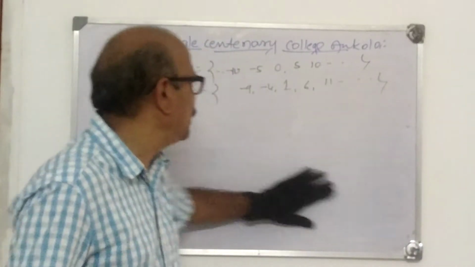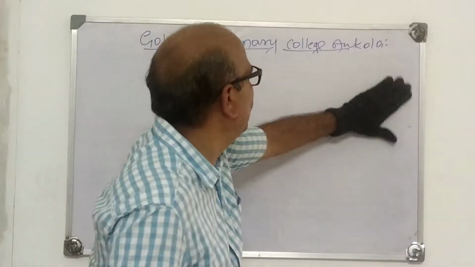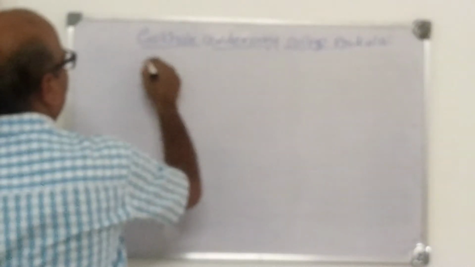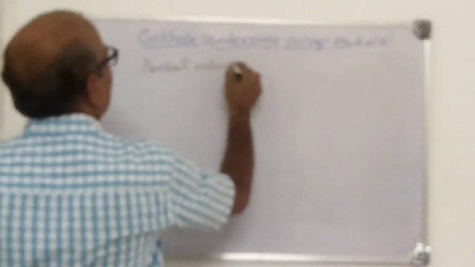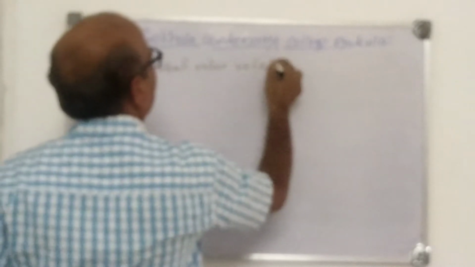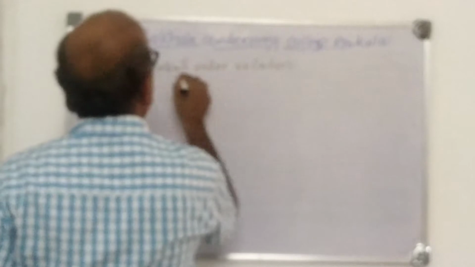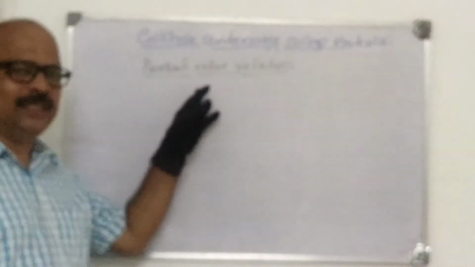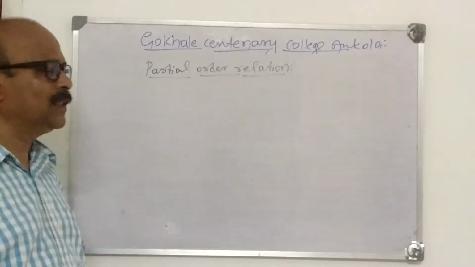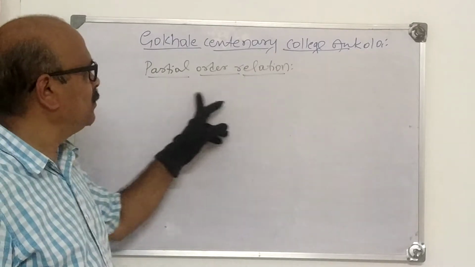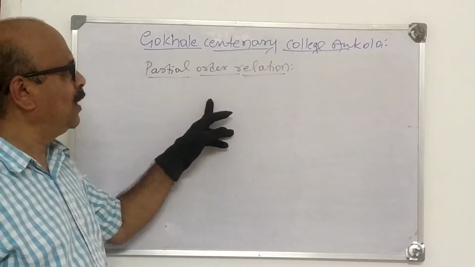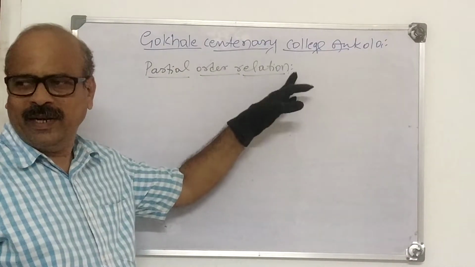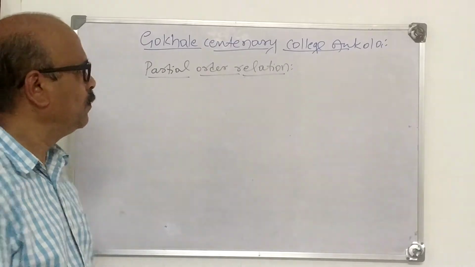Next definition is partial order relation. We have studied equivalence relation. What is equivalence relation? A relation R in a non-empty set S is called an equivalence relation if it is reflexive, symmetric, and transitive.